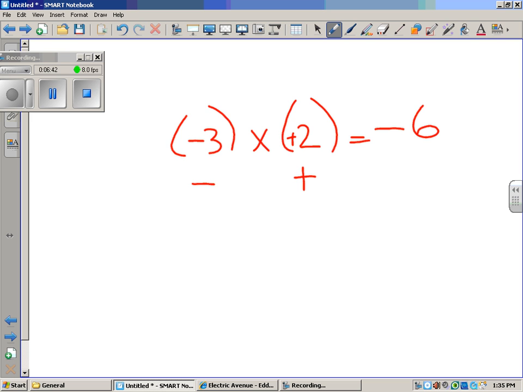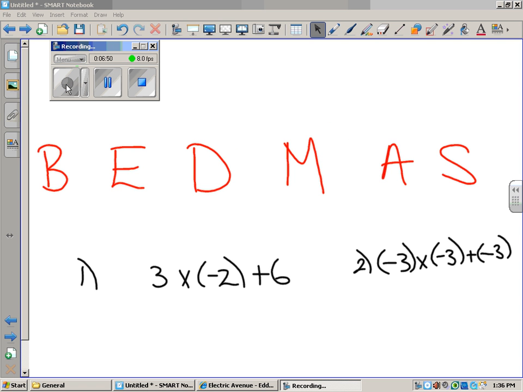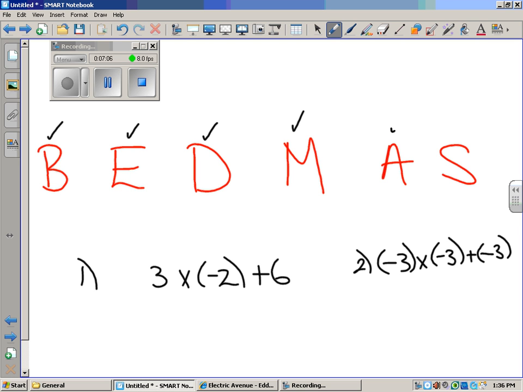We are going to start BEDMAS and order of operations again. So I'll pause it for a second. We'll look at BEDMAS and we'll get started. So there's our acronym BEDMAS, and we filled it in class, and we've done it enough times now that I hope you know that B stands for brackets, E stands for exponents, D and M are division and multiplication, and A and S are addition and subtraction.